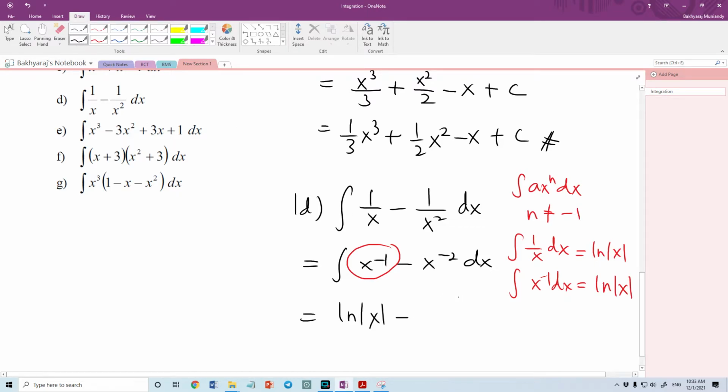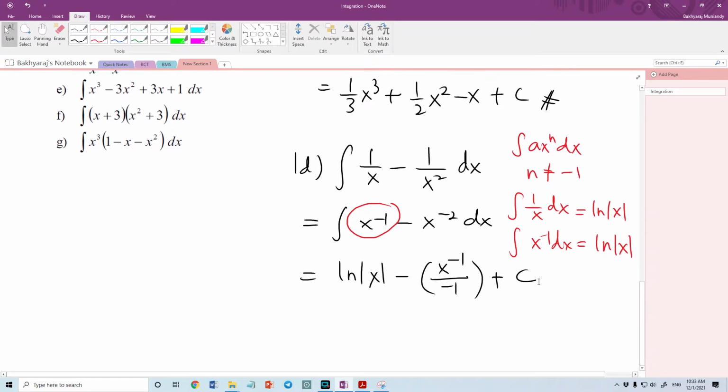So negative 2 plus 1, you get negative 1 over negative 1, plus c. Because negative 2 plus 1 gives negative 1, you can put it as a power and as a denominator. And we go for the last answer. What is the last answer? That will be equal to log x, and negative negative is positive, so you get 1 over x plus c.